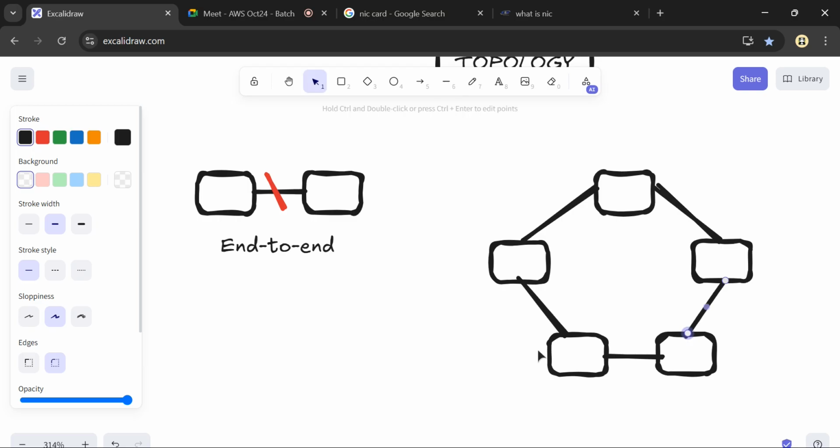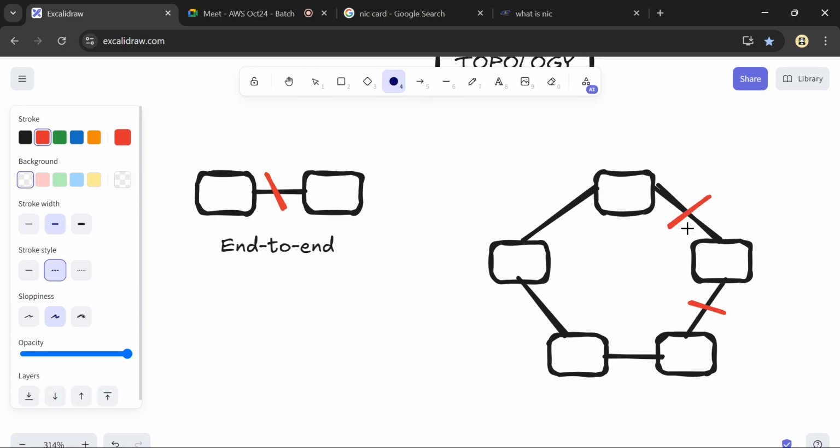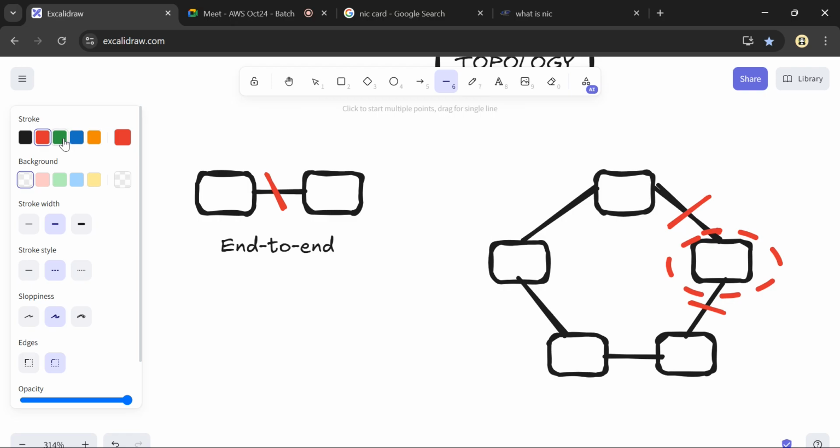Again they are connected end to end, but the limitation is that let's say if one of these breaks, or let's say it breaks like this, then this particular device will get isolated. Although the other machines will be able to establish the communication because they are connected in a ring format.